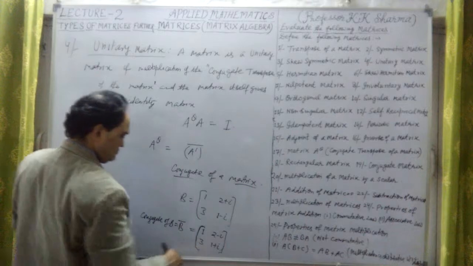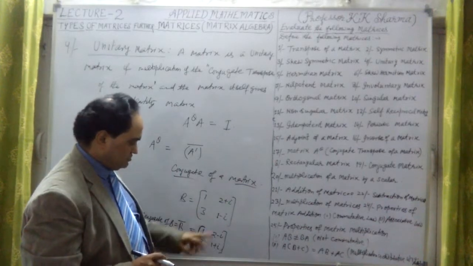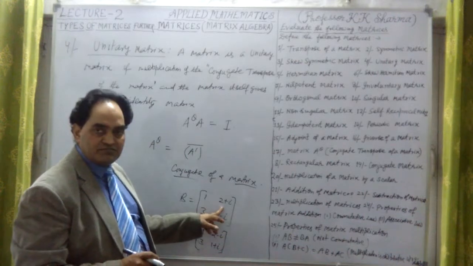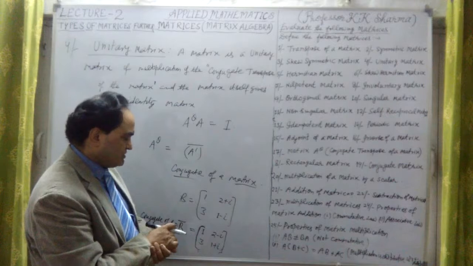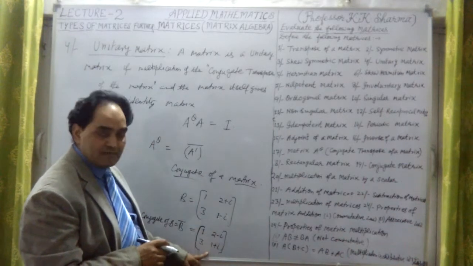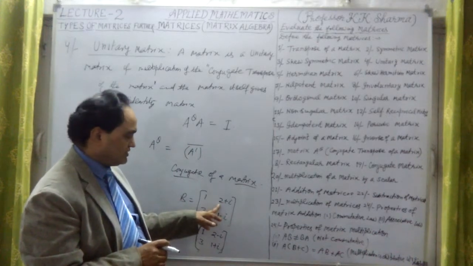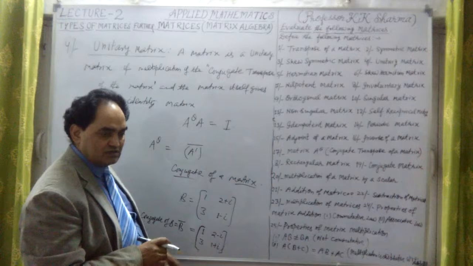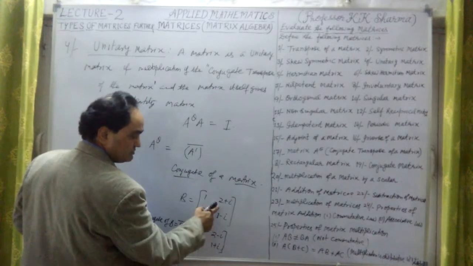This is how the conjugate of a matrix is obtained: by changing the complex numbers to their complex conjugates. A matrix obtained by finding the conjugate of those elements, that matrix is known as the conjugate matrix of the given matrix.